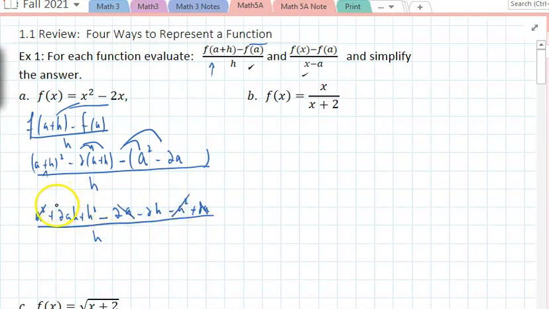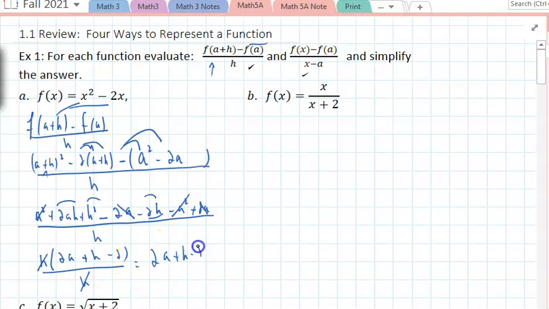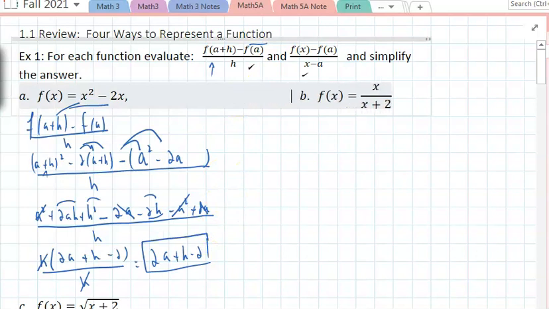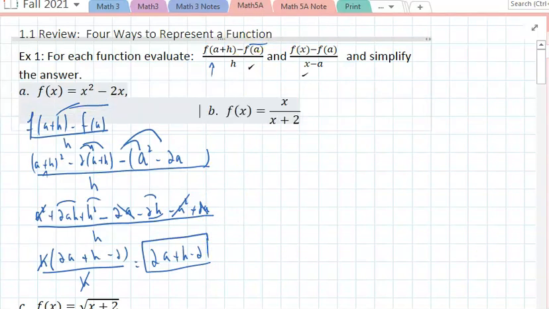We notice the three remaining terms all contain an h, and if I cancel this out, I'm left with simply 2a plus h minus 2. Now, I'm not sure if I'm going to be able to fit that. I doubt it.